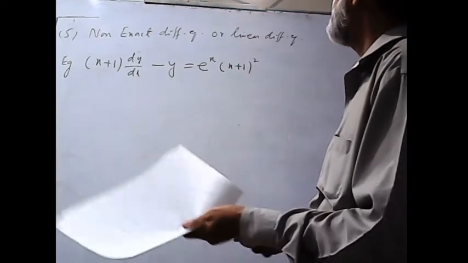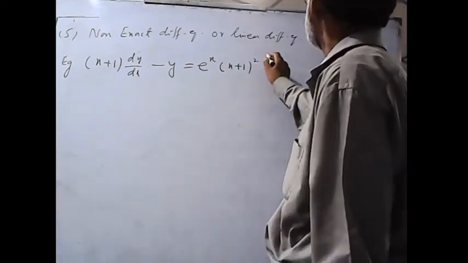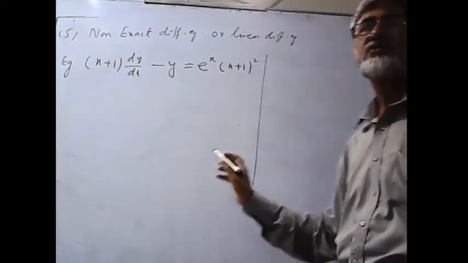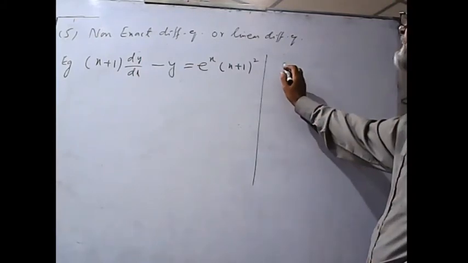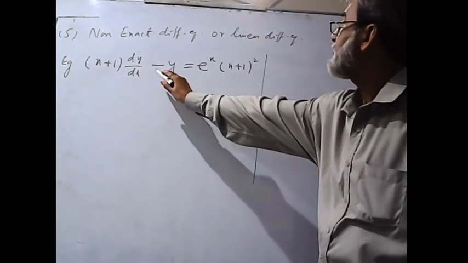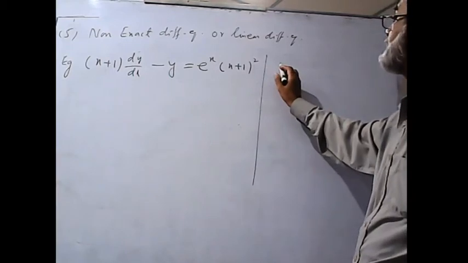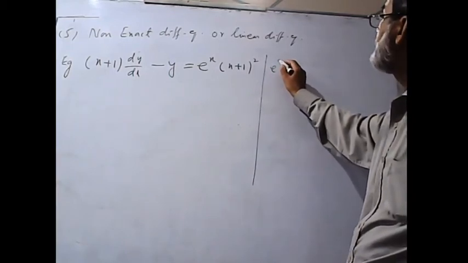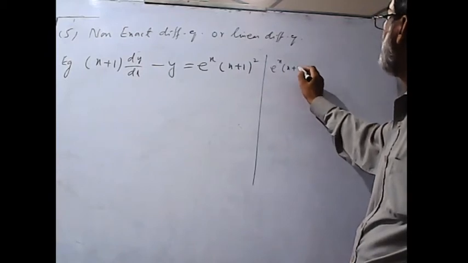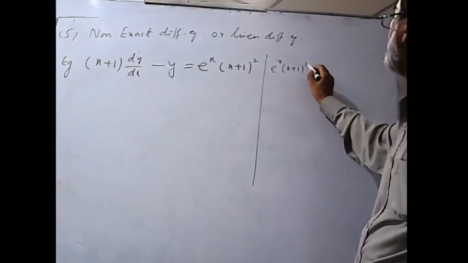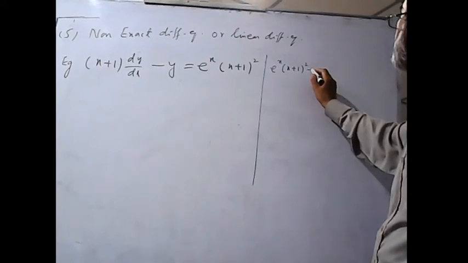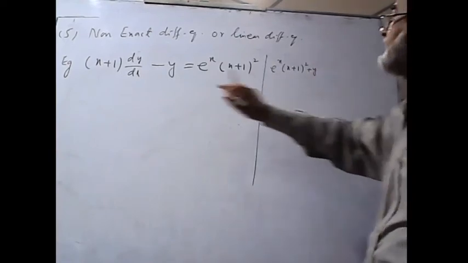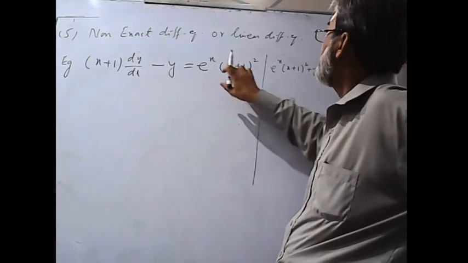You can write it easily like this, just to understand the failure situation. dx multiplies this factor, so you can write this as dx times e to the power x, x plus 1 whole square, then plus y. dx multiplies this, dx multiplies this.